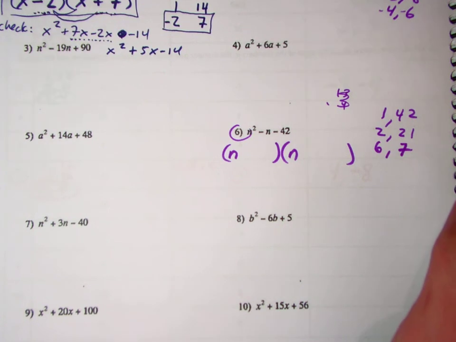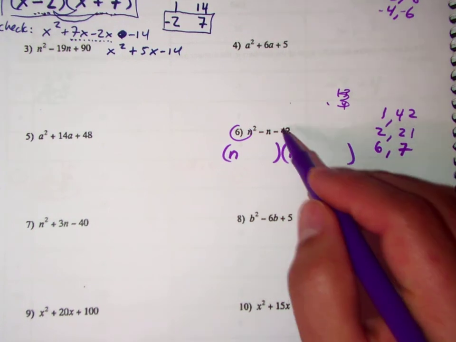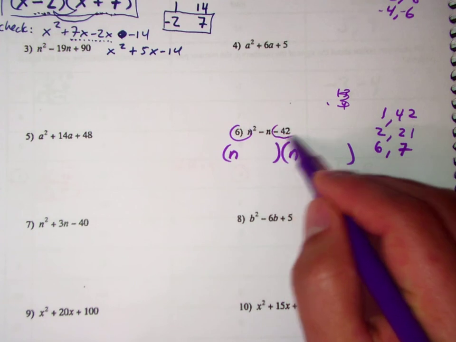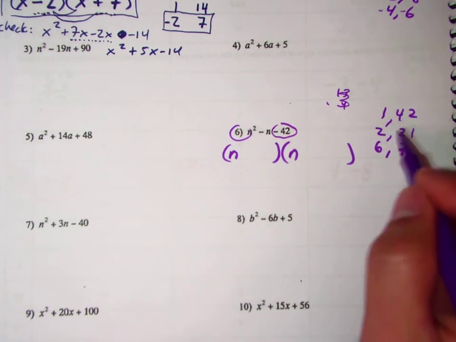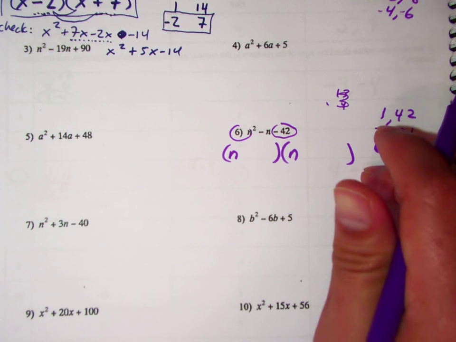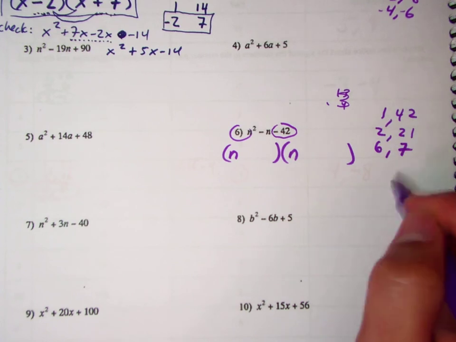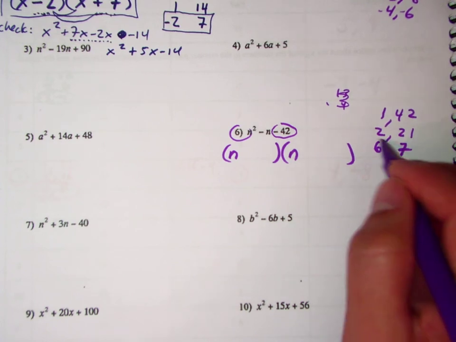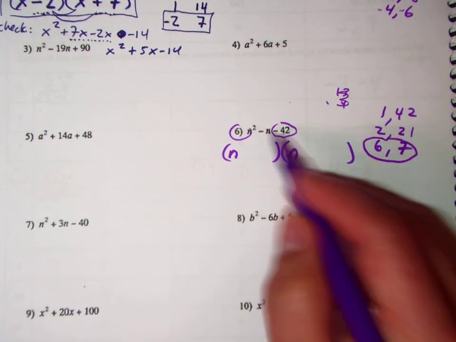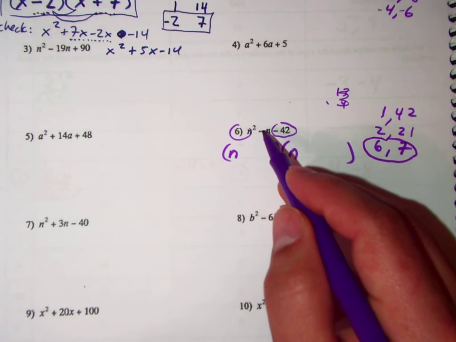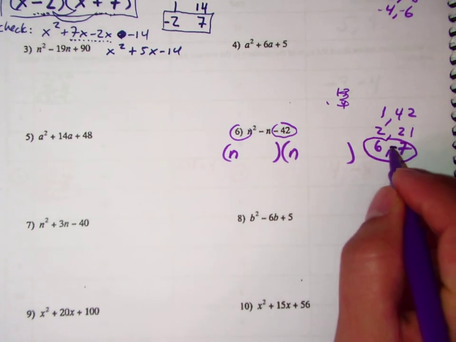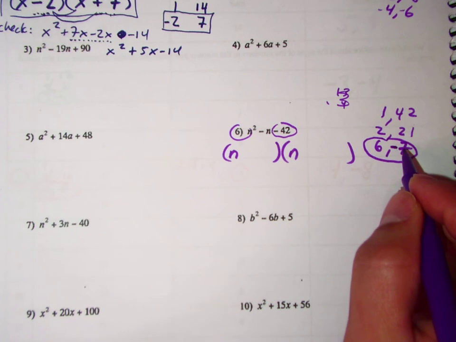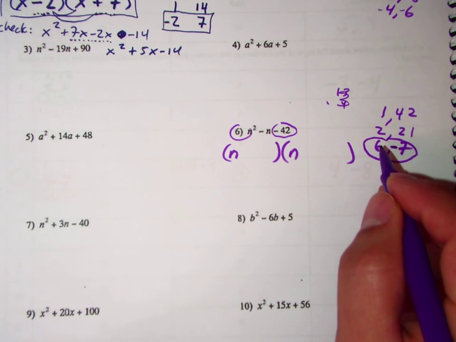So now what we're looking for is a negative product, meaning that one of these has to be negative and one of these has to be positive. So we're thinking difference of 1. This is a 1 here in the middle. It's just a negative 1. And so that would mean that the 7 would have to be the largest negative, and then the smaller number would have to be positive.